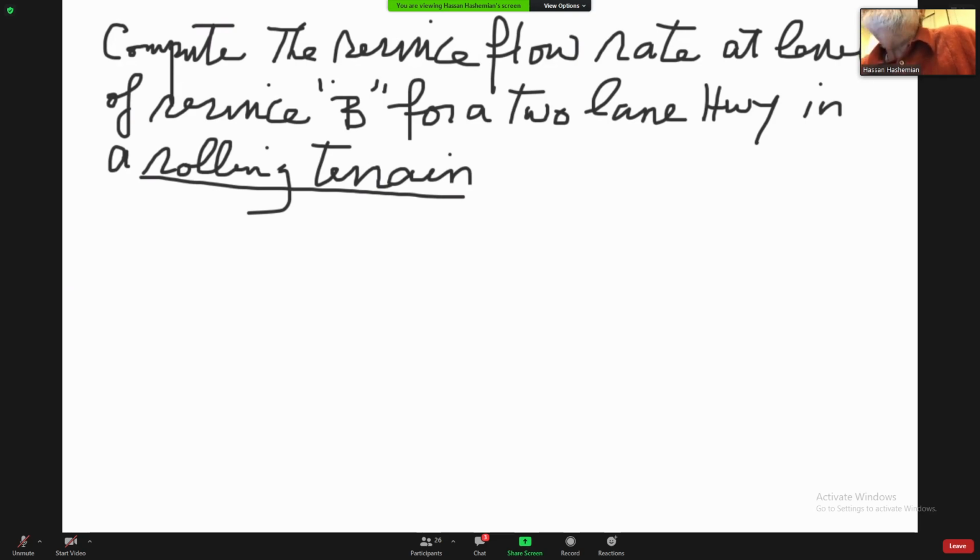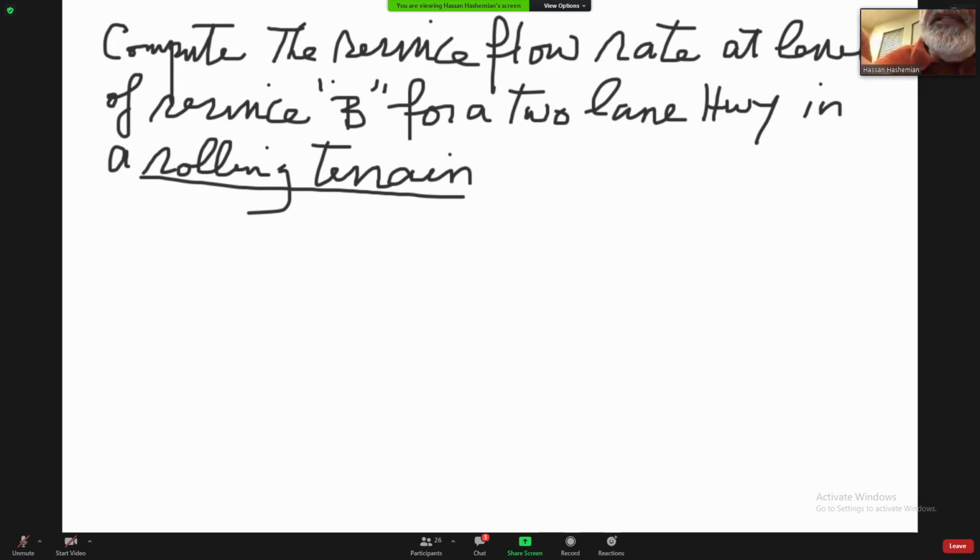And if you go higher than that, we call it mountainous terrain. So there are 3 levels of terrain: level terrain, rolling terrain, and mountainous terrain.